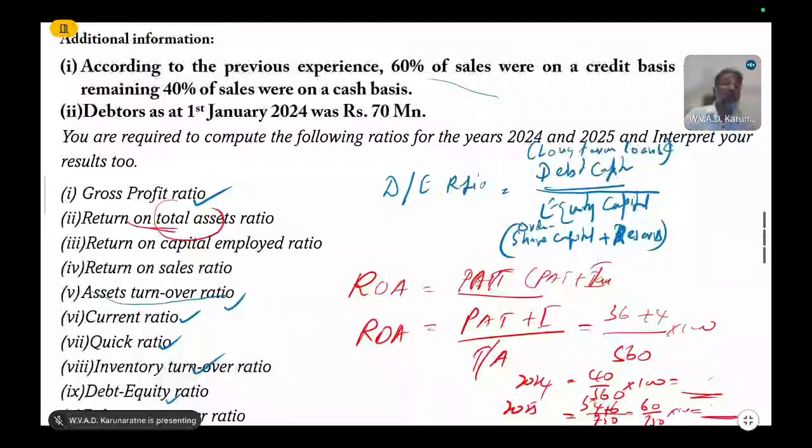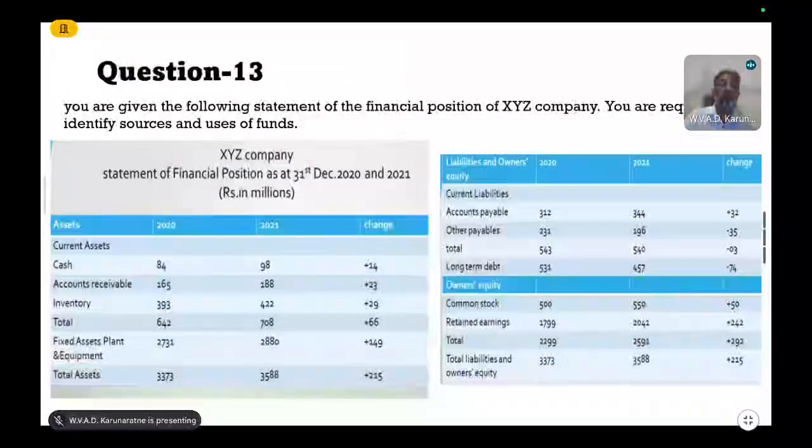In this way, you can calculate major ratios: current ratio, quick ratio, inventory turnover ratio, debt equity ratio, then return on assets, right? So you can calculate all these things. You are given a number of examples. This is regarding other questions from Senior Professor Ranjani.